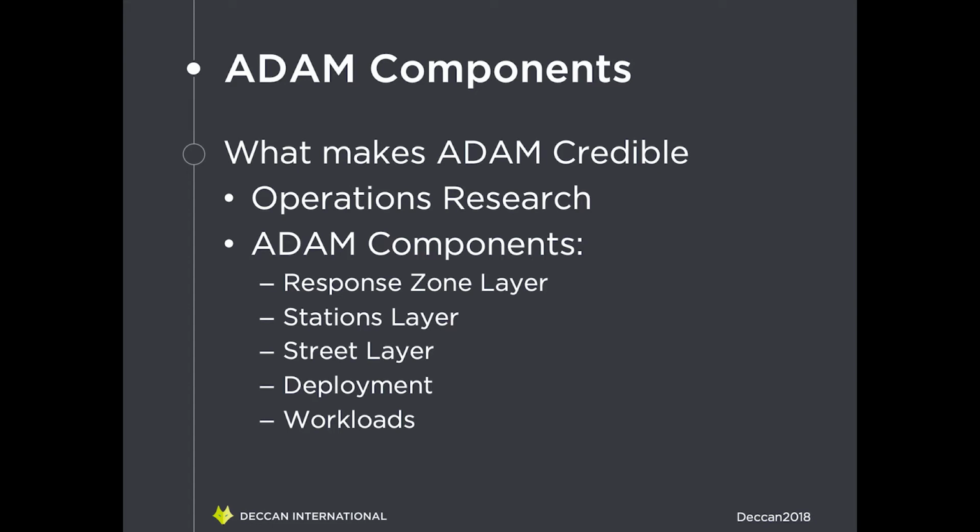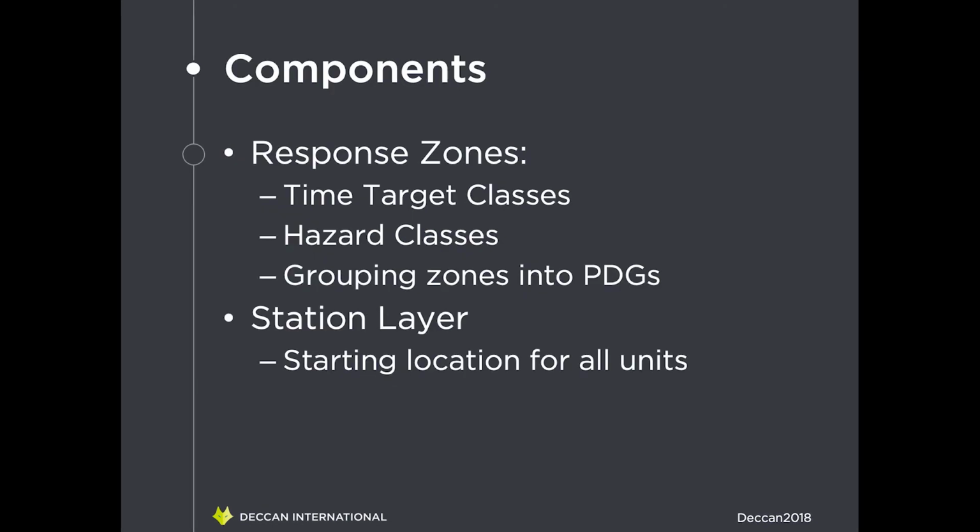So ATOM combines all of these components: your response zone layer, your station layer, your street layer, your deployment, and your workloads. Let's talk a little bit more about that. Response zones, if you are not familiar with that, are these smallest squares in your service area. Why are these important?